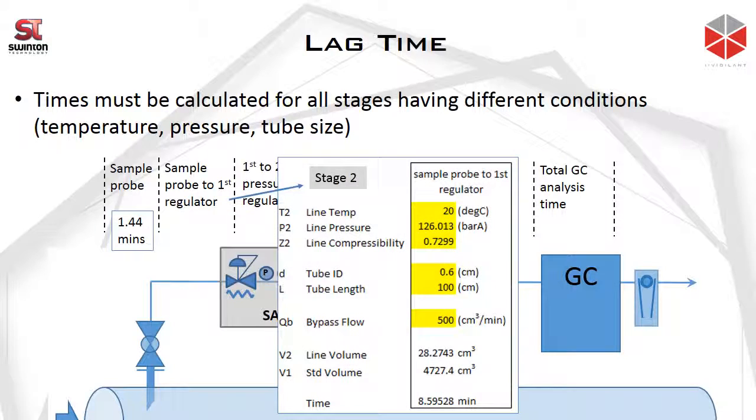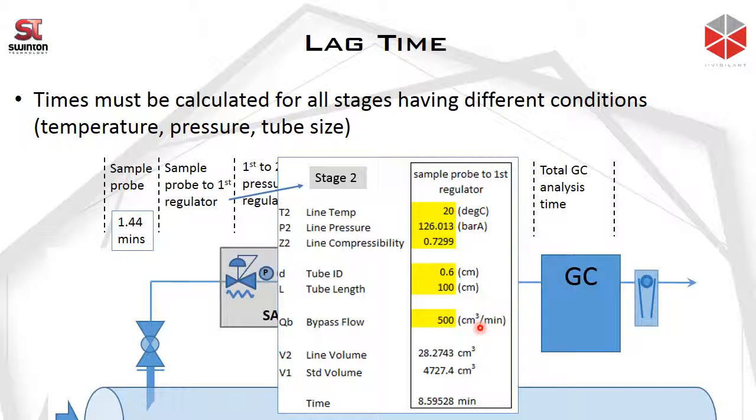The second stage then is the sample probe to the first regulator. In this case, the temperature and the pressure are the same. There's been no pressure reduction, so it's the same compressibility, but the tube internal diameter is smaller, and the tube length in this case is 100 centimeters.